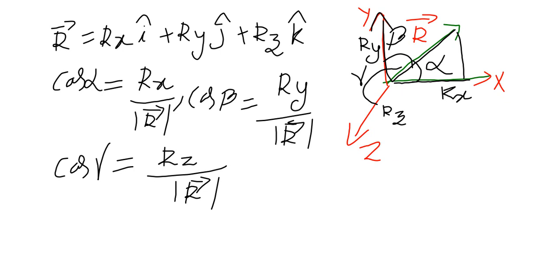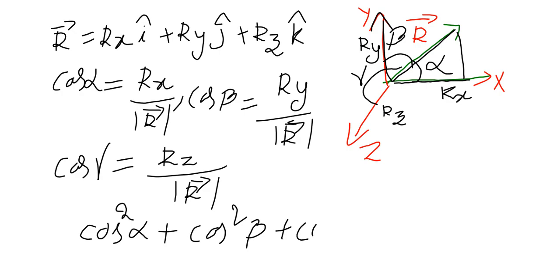So the sum of the squares of these cos values, cos square alpha plus cos square beta plus cos square gamma, is equal to 1.